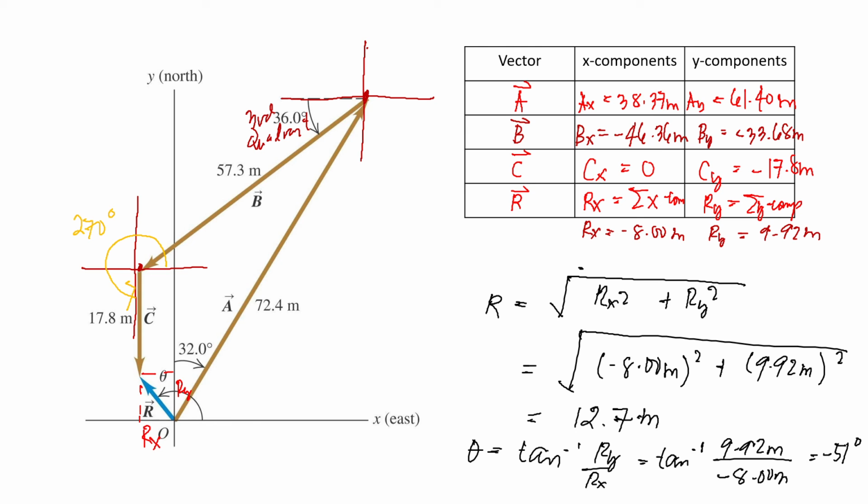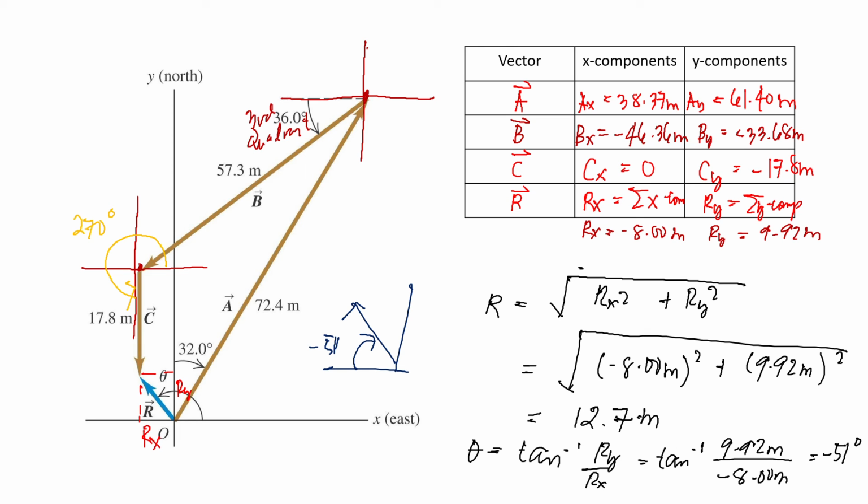But what's negative 51 degrees? Looking at the figure, since that is negative, it is measured from your negative x-axis. So your negative 51 degrees is this angle here.